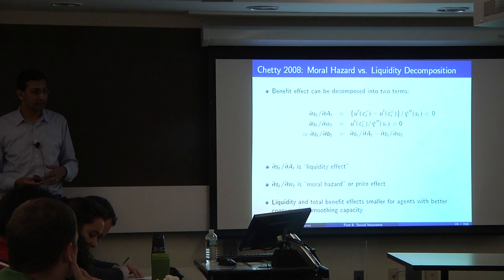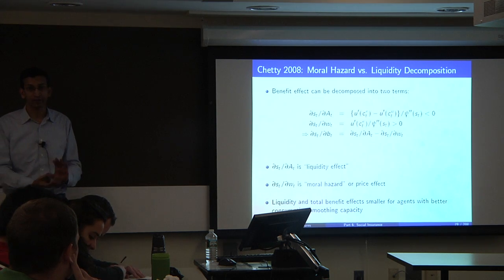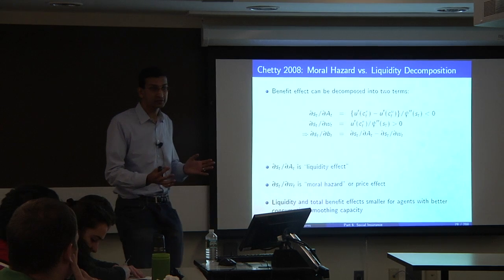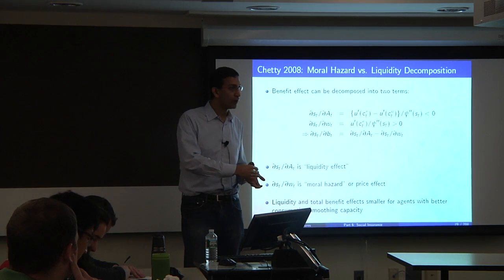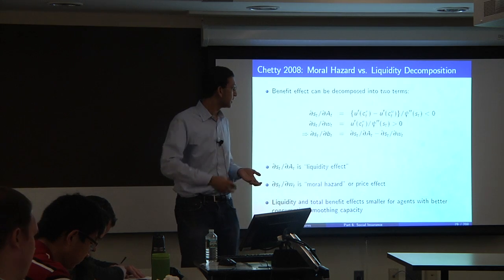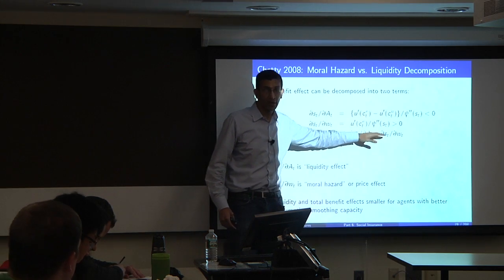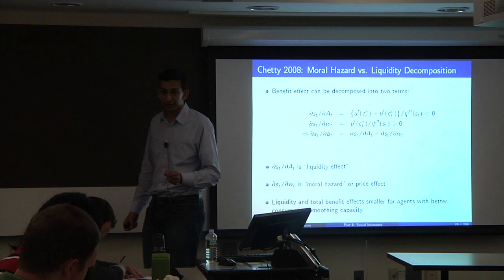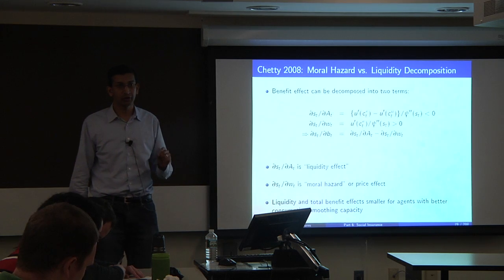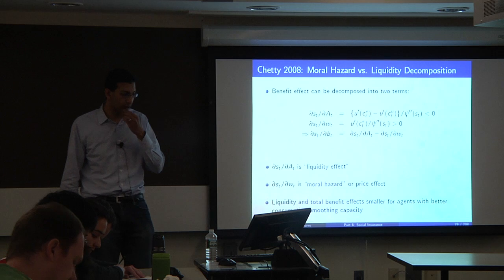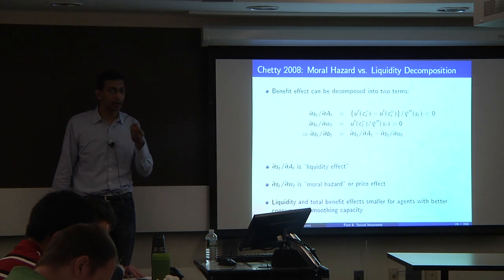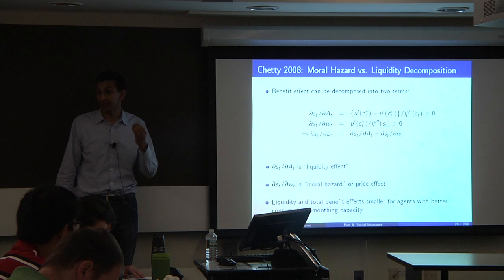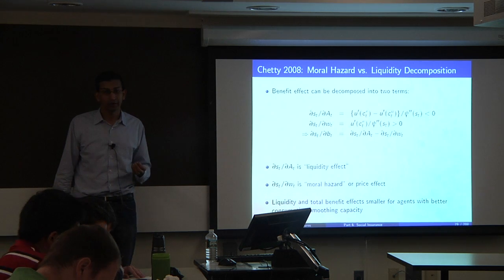The other effect is the distortionary effect that we're really concerned about from a policy point of view, that when I raise your unemployment benefit, it's as if I have cut your wage by $1 because your net wage for finding a job has fallen. And that's the distortionary moral hazard effect, which is going to make unemployment benefits less desirable.